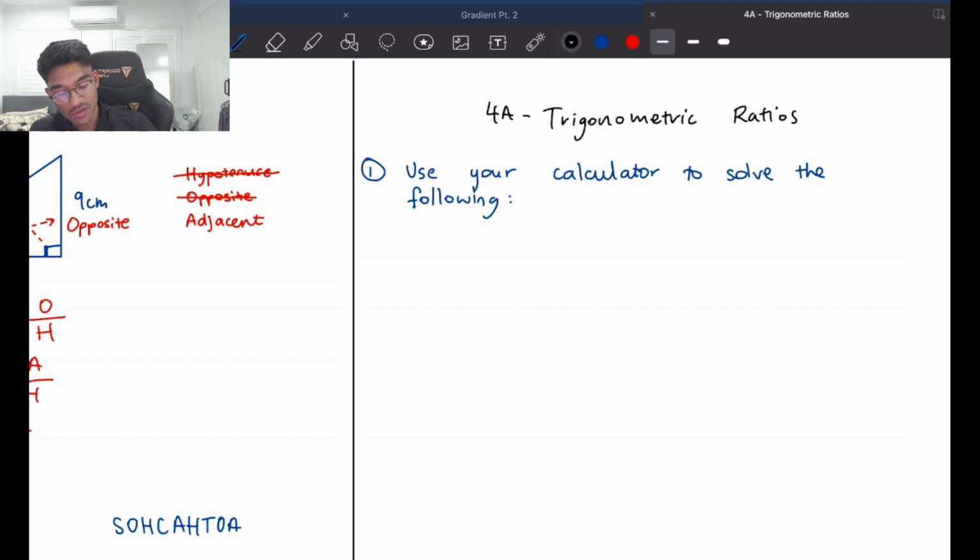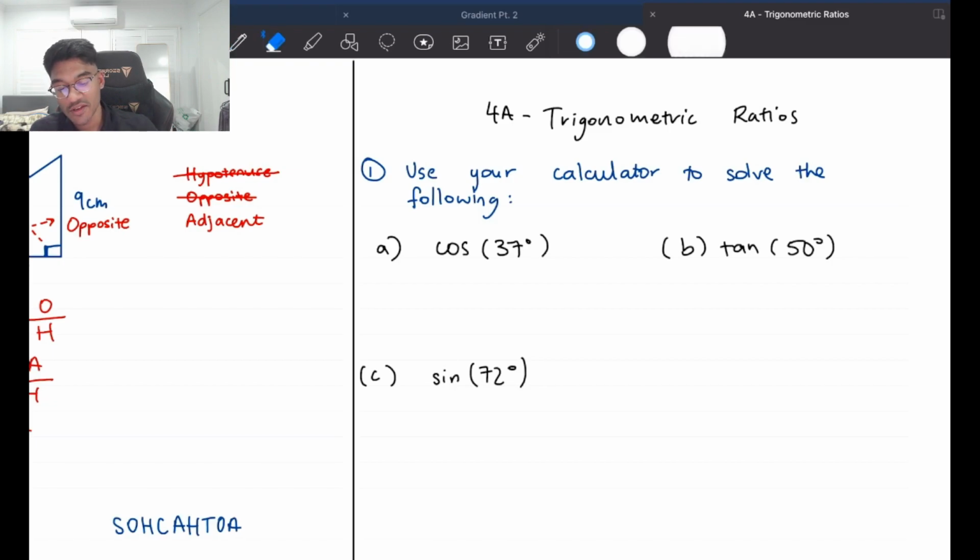Question A, cos of 37 degrees. B, tan of 50 degrees. C, sine of 72 degrees.